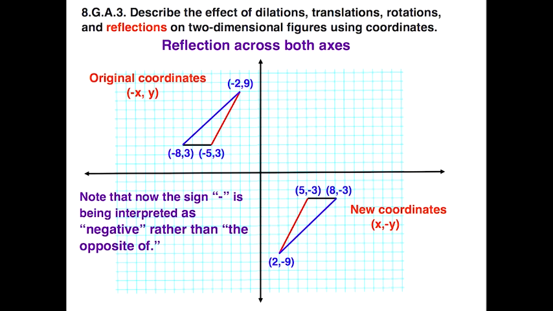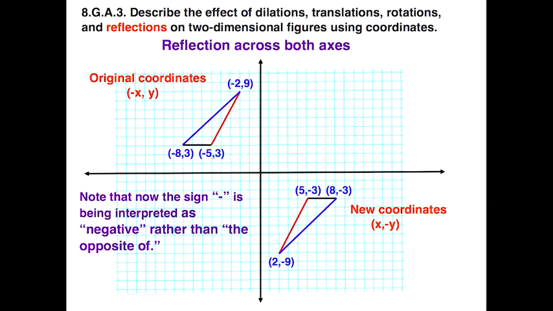So in other words, the way that it's labeled here, being that it's in the second quadrant, this is saying that our x coordinate will be negative and our y coordinate is positive, as opposed to being in the fourth quadrant, we would have positive x coordinates and negative y coordinates. But again, it's not a good idea to do this with variables because the meaning of that sign can really confuse students. So labeling it like this is not a good idea.